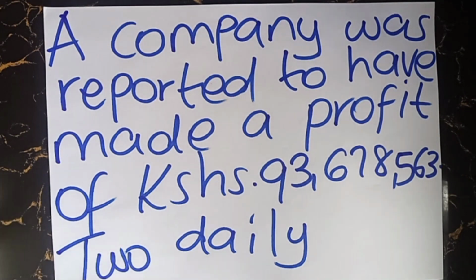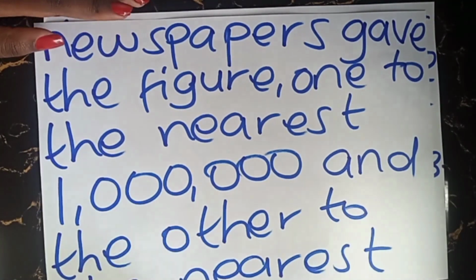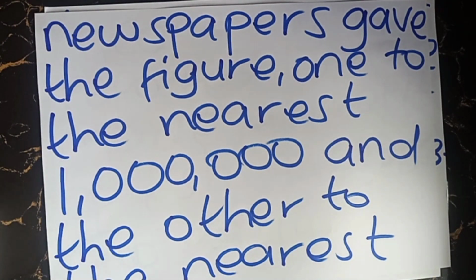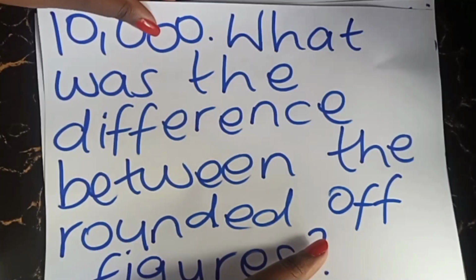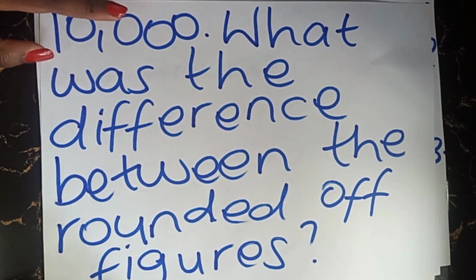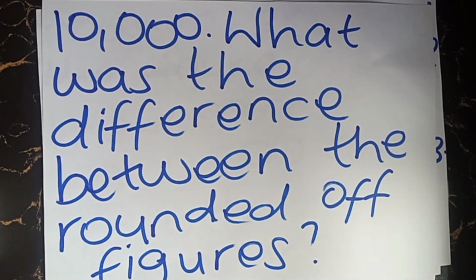Two daily newspapers gave the figure, one to the nearest 1 million and the other to the nearest 10,000. What is the difference between the rounded off figures? Okay? So we've seen the word difference. That means that we need to subtract. So let's now write everything down as we understand.